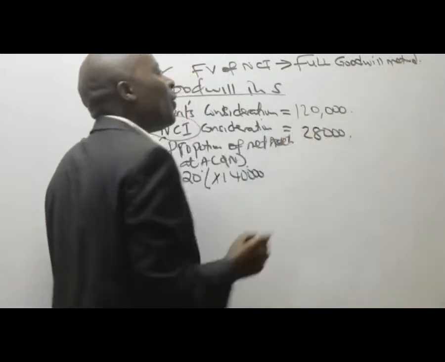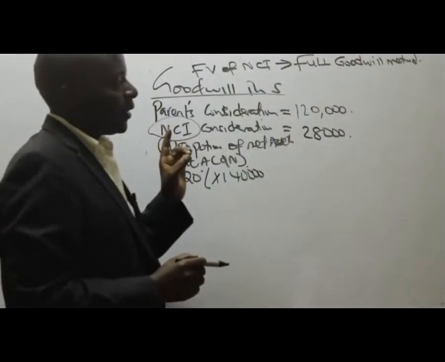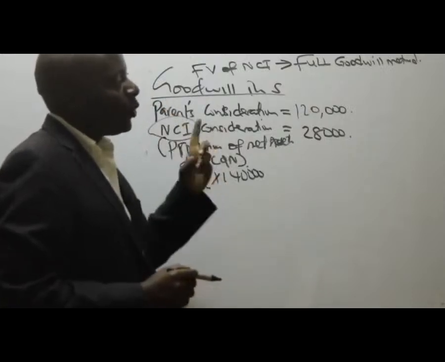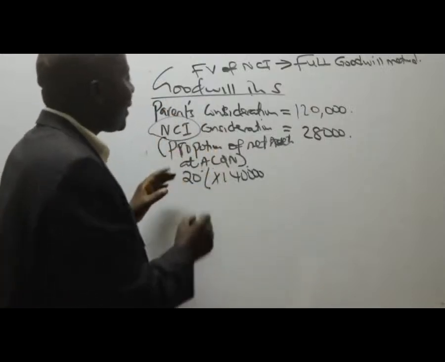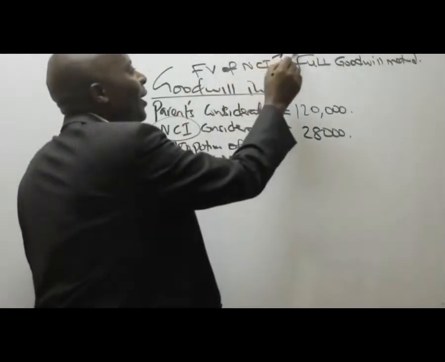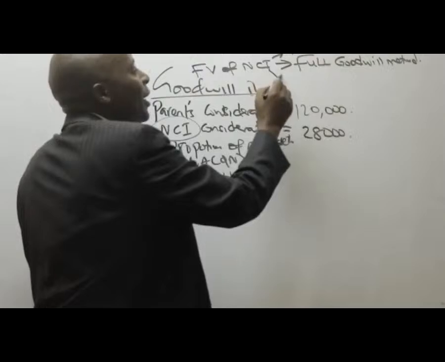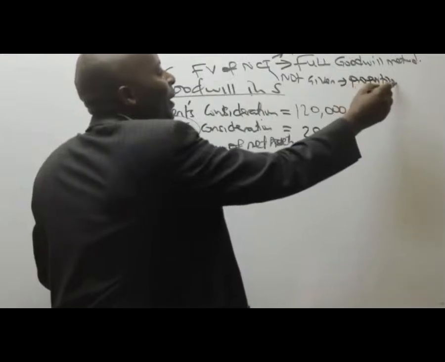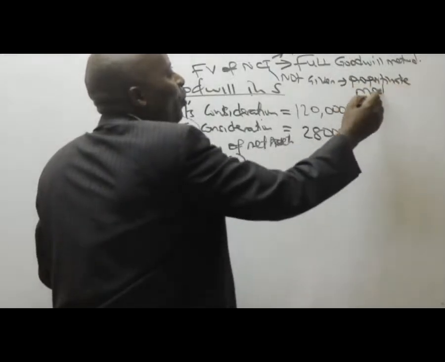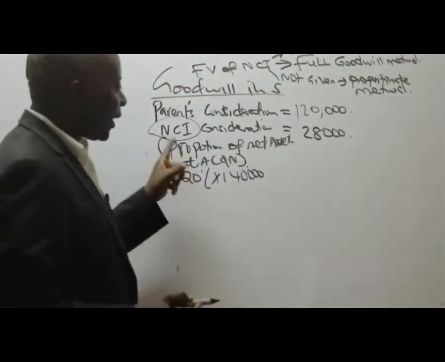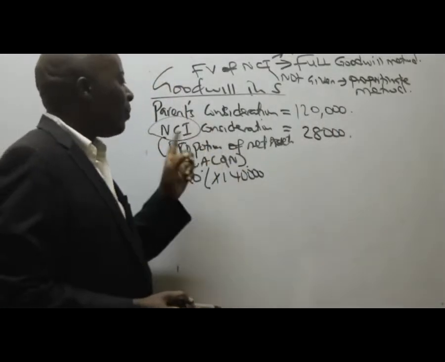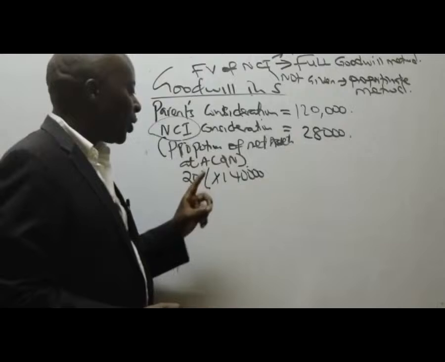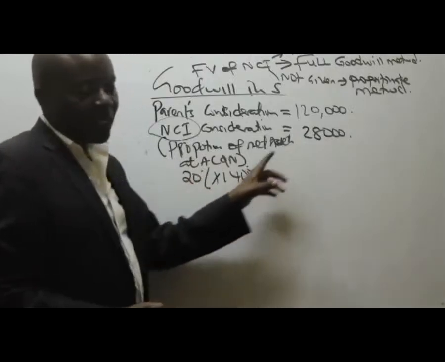If it is not given, then you calculate what we call the proportionate method, where you take the proportion of NCI of the net assets at acquisition. So 20% of 140,000 gives me 28,000.